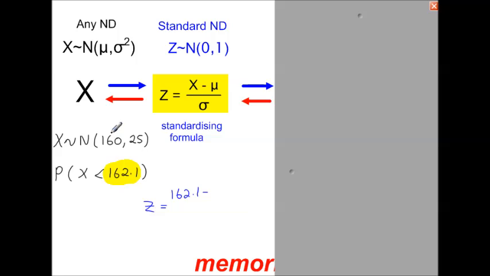The mean is 160. That's the variance, divided by the standard deviation. The variance is 25, so the standard deviation is the square root of 25, which gives us this.